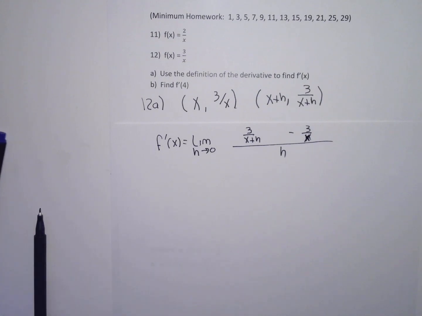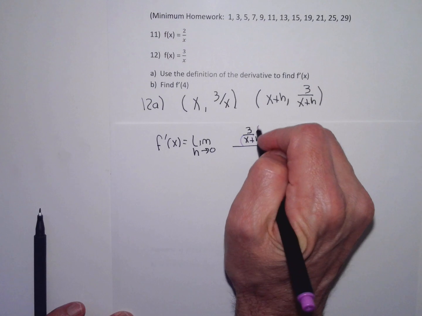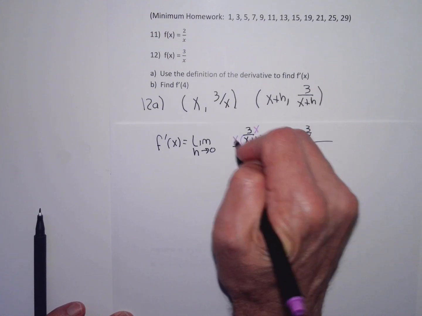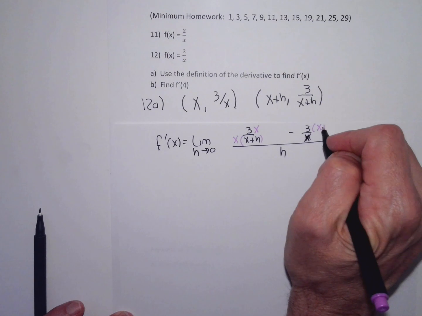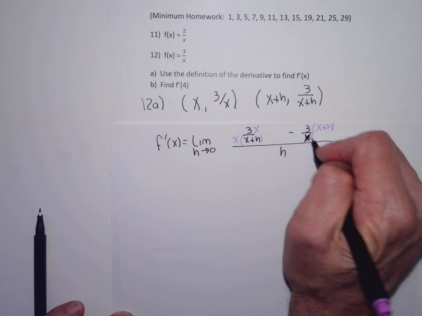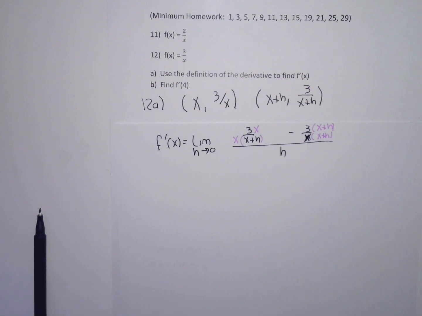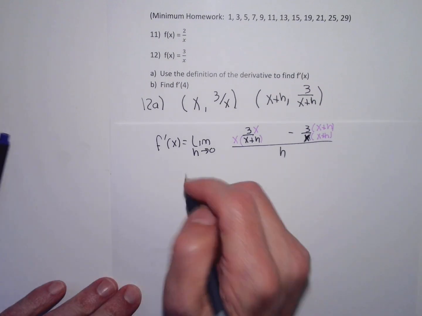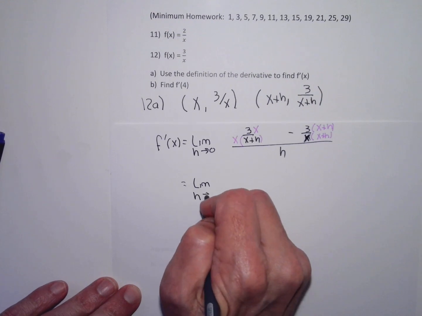What I'm going to do for this left fraction is very carefully multiply it by x over x. And for the right fraction, I'm going to multiply it by x plus h over x plus h. And what this is going to give me, I'll really show every step here because this is not so easy.